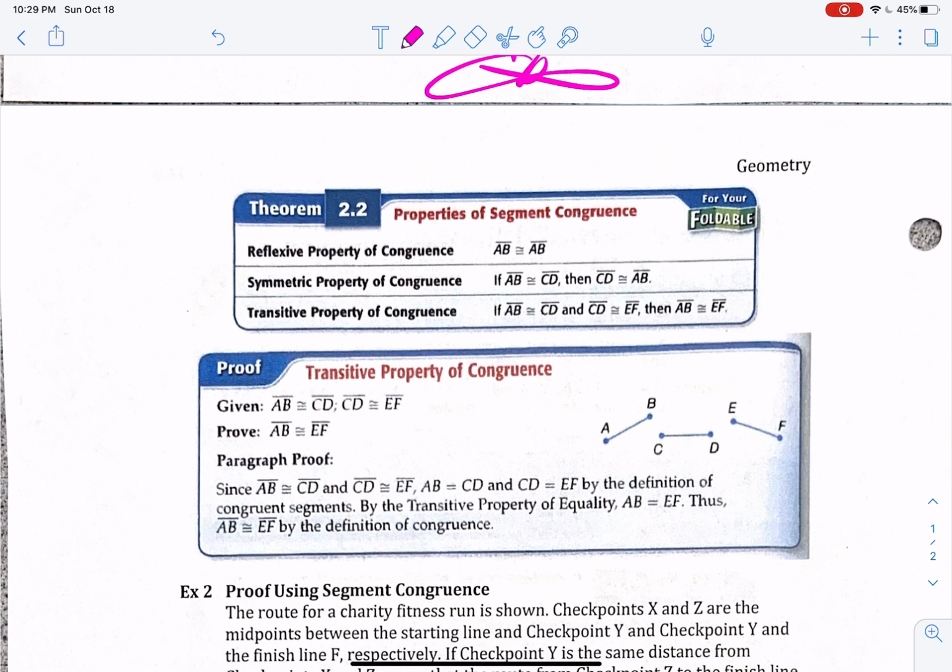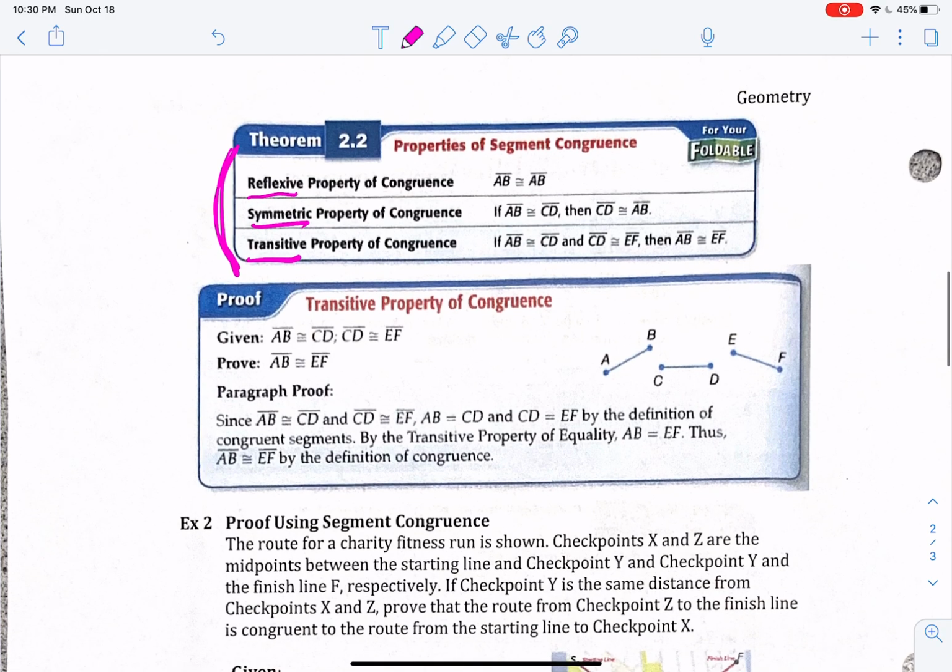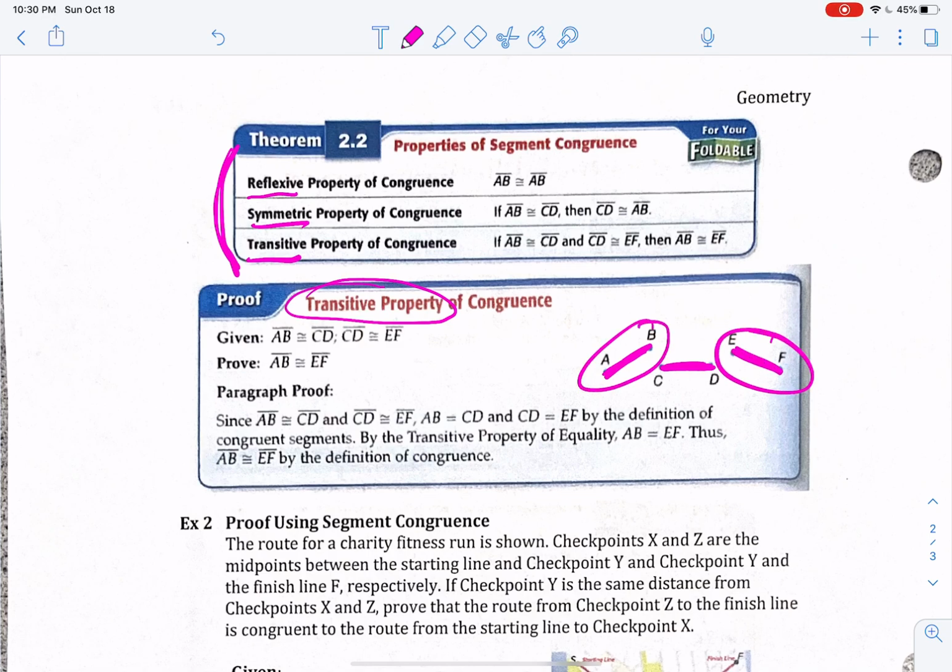We wrote these down in the last section that we talked about, the reflexive, symmetric, and transitive property. I'm not going to write them down again because we've already written them once, but let's go through the transitive property one more time. It basically says if AB is the same length as CD and CD is the same length as EF, then AB is the same length as EF.